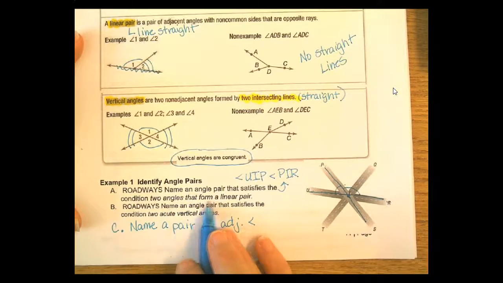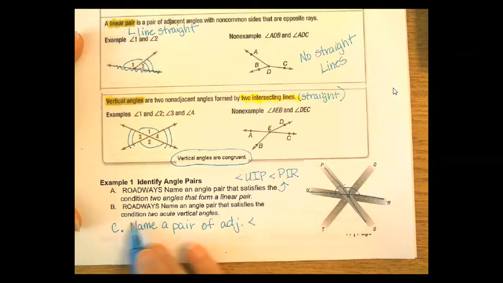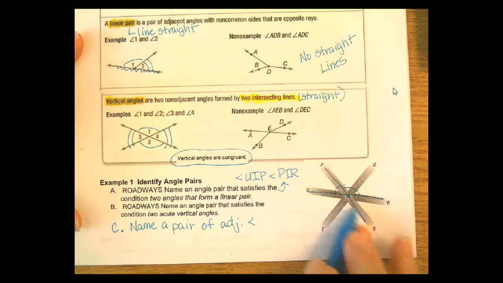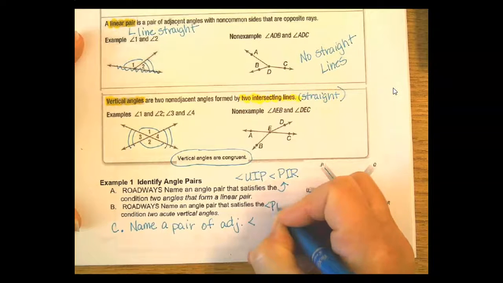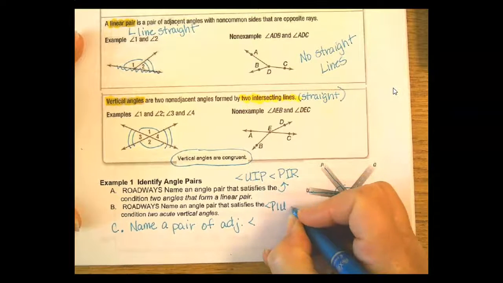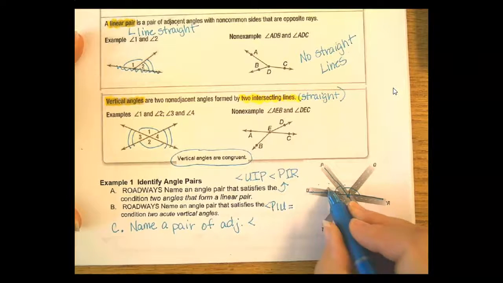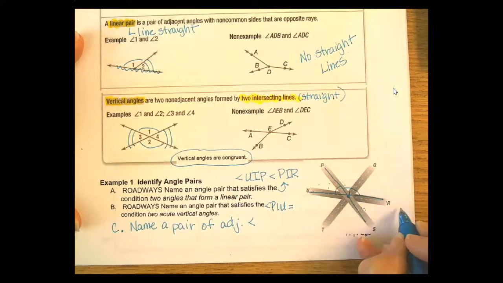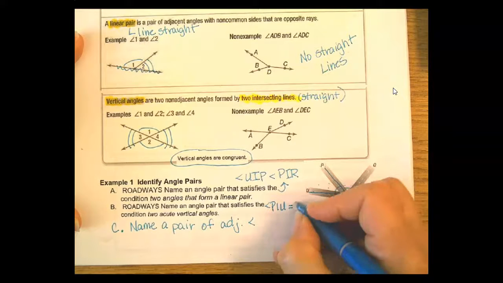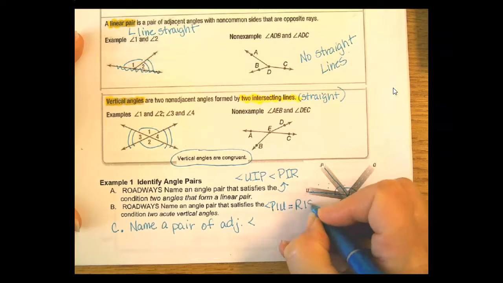So which ones that I created are acute? This one and this one. So PIU is an example, which is equal to its opposite angle, RIS.